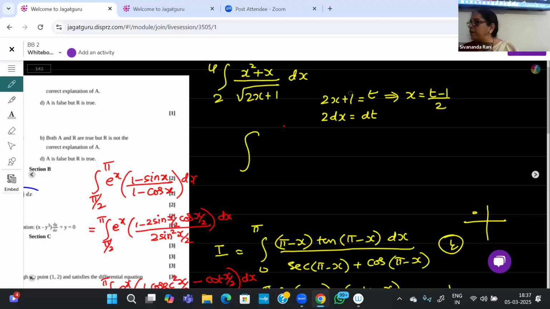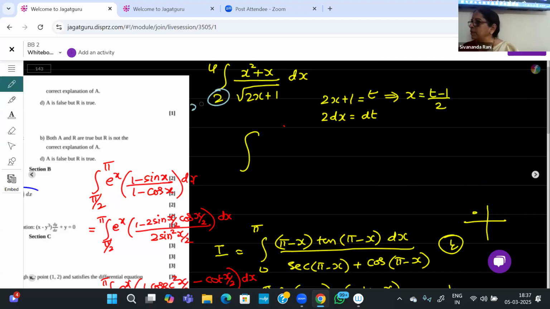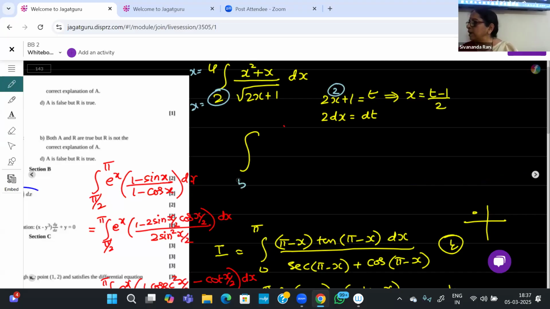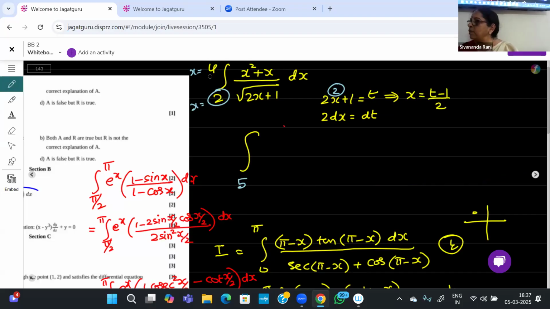Was thinking probably we can alter the limits as well. Because the limits were meant for x. So t becomes 5 here. X was 4 here.